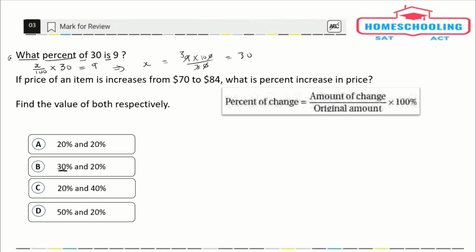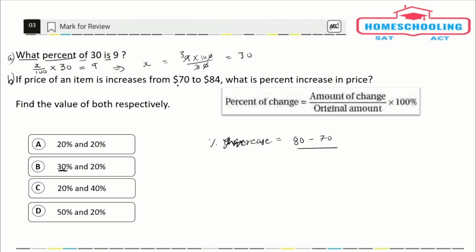This was part A of the question. Now let's see part B. If the price of an item increases from $70 to $84, what is the percentage increase in price? As we have read in the basics, percentage change is equal to the amount of change by the original amount into 100%. So percentage increase would be the amount of change, that would be 84 minus 70, by the original amount.